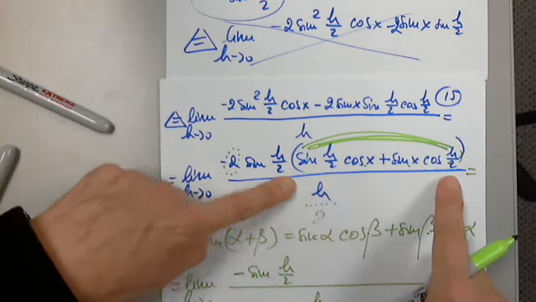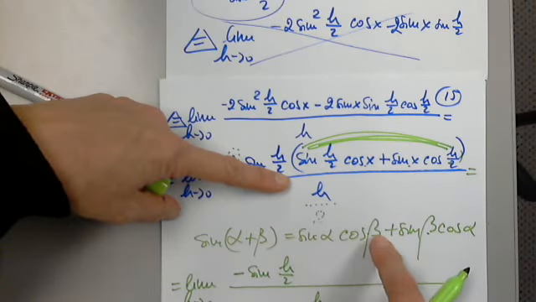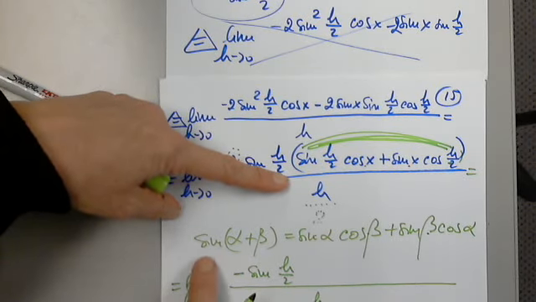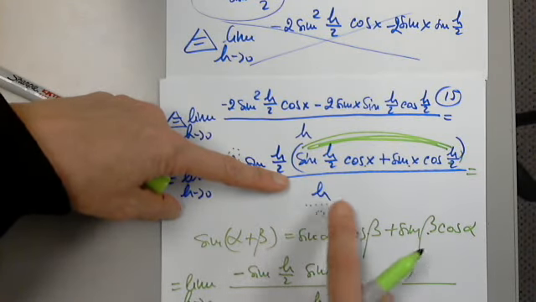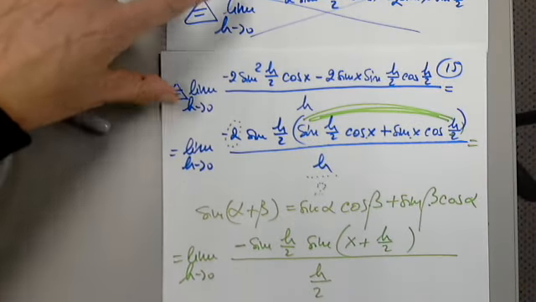And then what is this? Sine h over 2 cosine x, sine x, cosine h over 2. So it's sine of h over 2 plus x. I'm going to write x plus h over 2, which is the same thing. We're done.